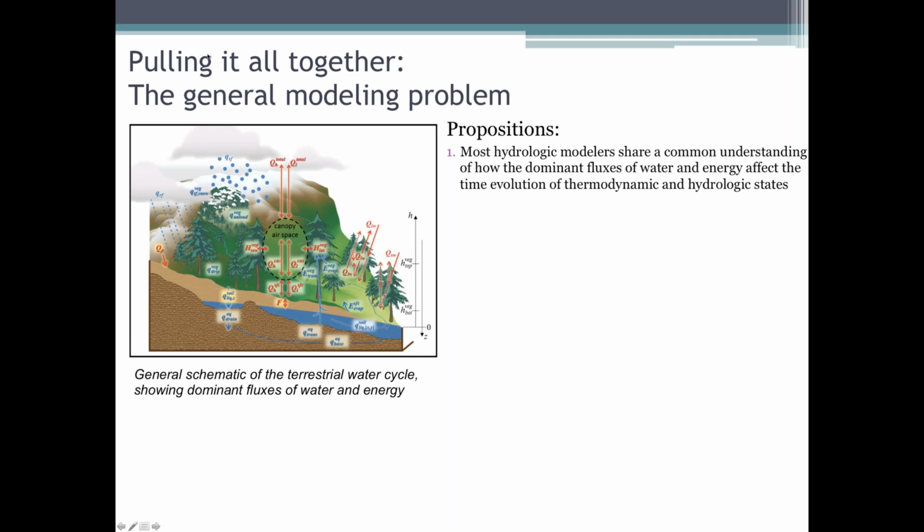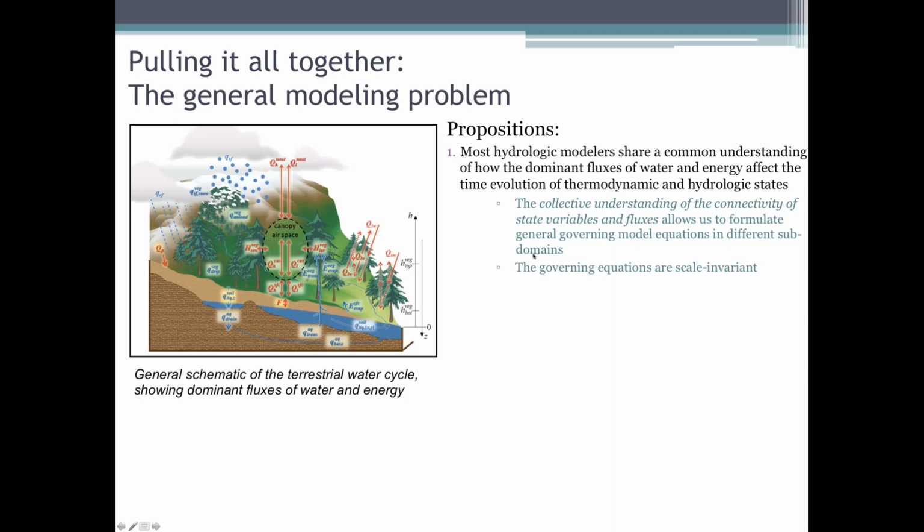I don't think you could find any snow or hydrology model anywhere that wouldn't say precipitation and snowfall was very important, right? We agree. Most people would draw this picture with similar arrows and labels, even if they might make their trees different sizes. The collective understanding of the connectivity of state variables and fluxes allows us to formulate general governing model equations for different subdomains. So we could write the things we all agree on to run the core of the model.